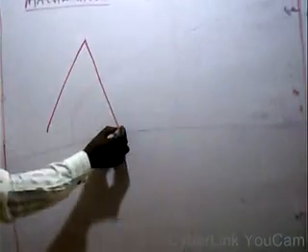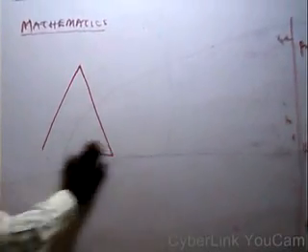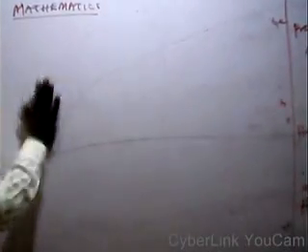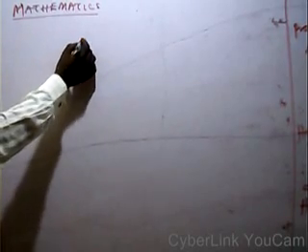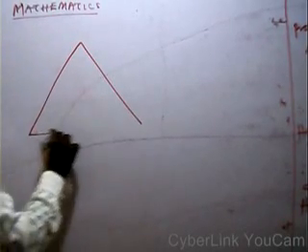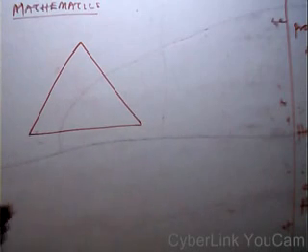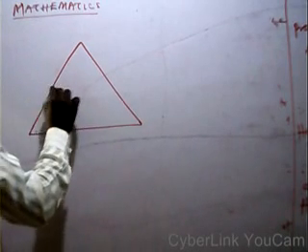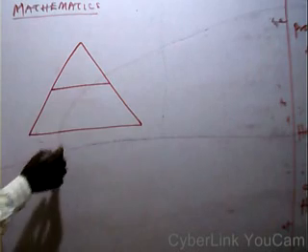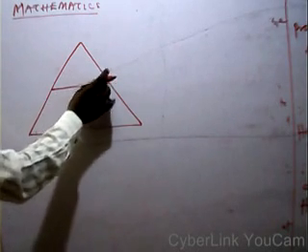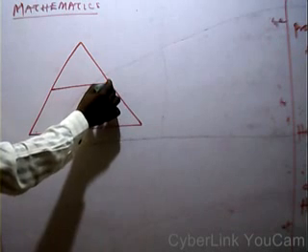So there is a corollary with this theorem. Let's say you have your triangle like this, and you have something like this now. Instead of this one parallel to this, you now have it like this.